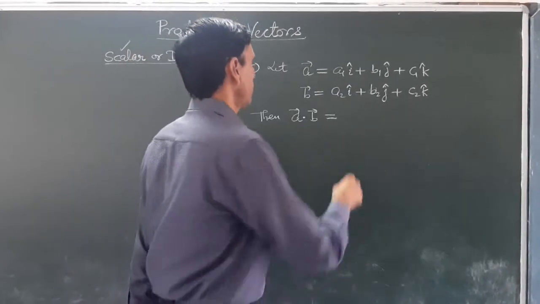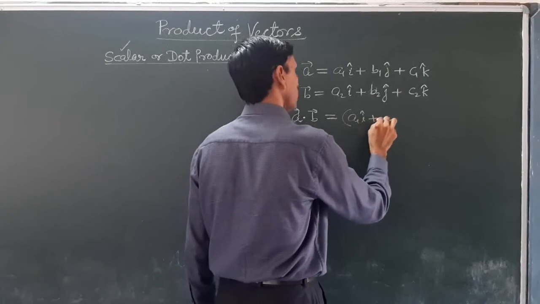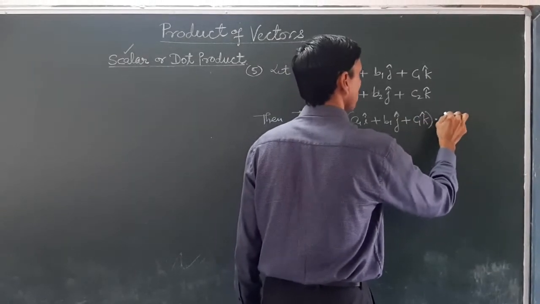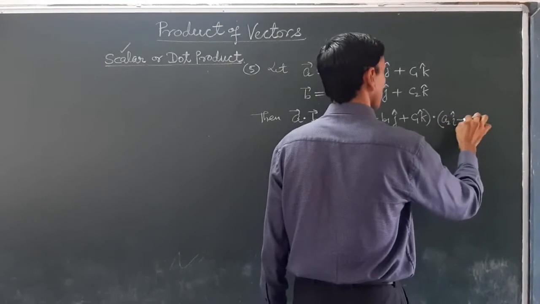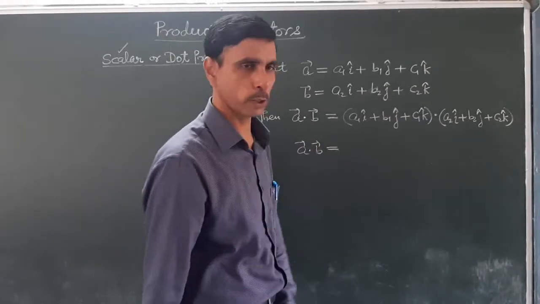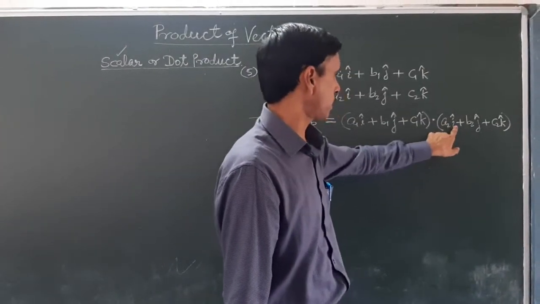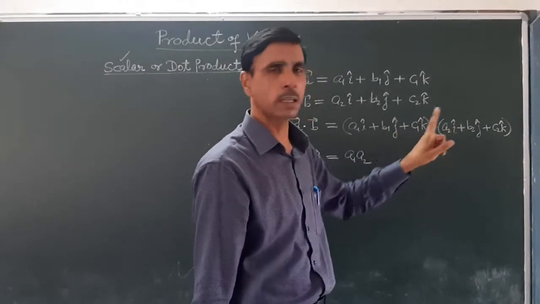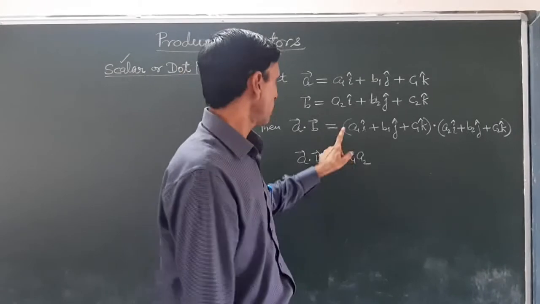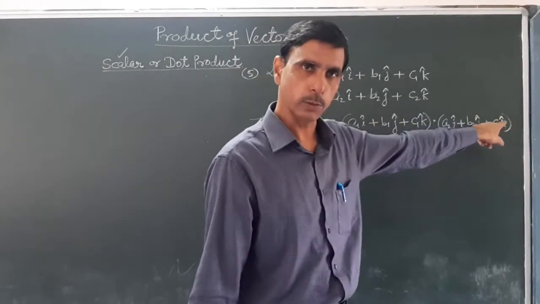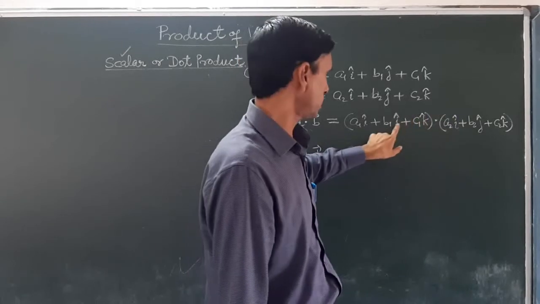This is a1i plus b1j plus c1k dot a2i plus b2j plus c2k. You will follow these steps. So this will be, now see, a1i dot a2i, this will be a1 a2 because i dot i is 1. We just saw that. a1i dot b2j, i dot j is 0, i dot k is 0, j dot i is 0, j dot j is 1.